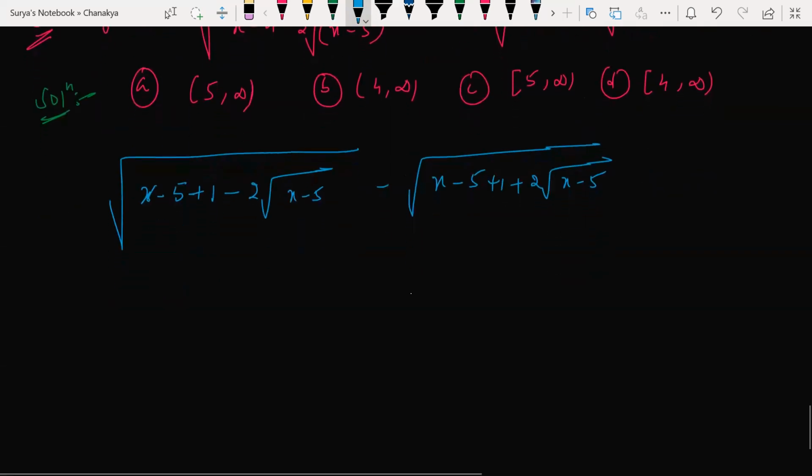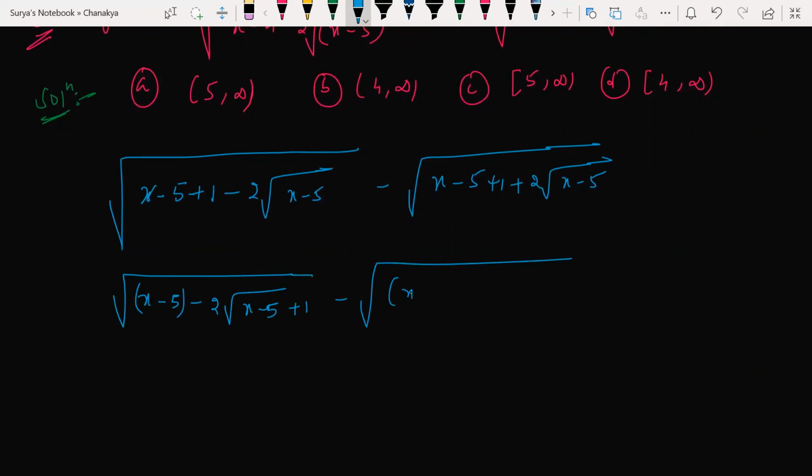Now square root of x minus 5 minus 2 times square root of x minus 5 plus 1, minus square root of x minus 5 plus 2 times square root of x minus 5 plus 1.